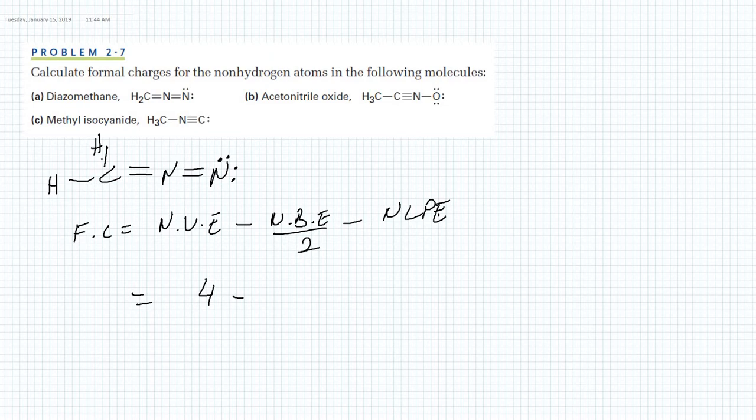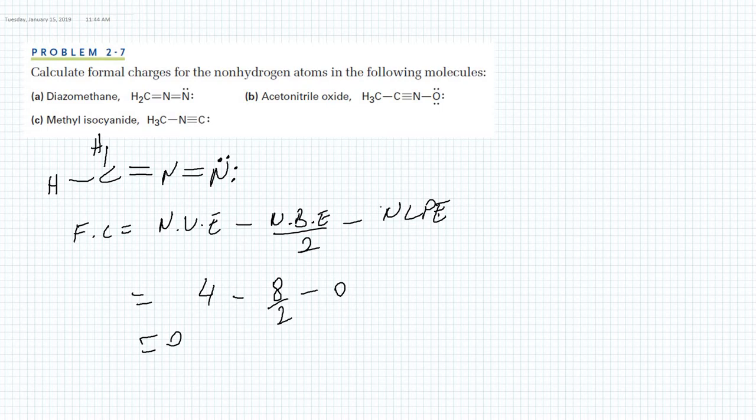In total we have 2, 4, 6, 8 bonding electrons around carbon. So 8 divided by 2, minus, for carbon we don't have any lone pair electrons, so we write 0. So the answer for carbon is 0. The formal charge of carbon in this molecule is 0.